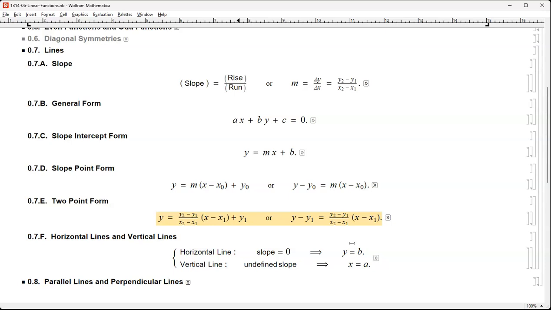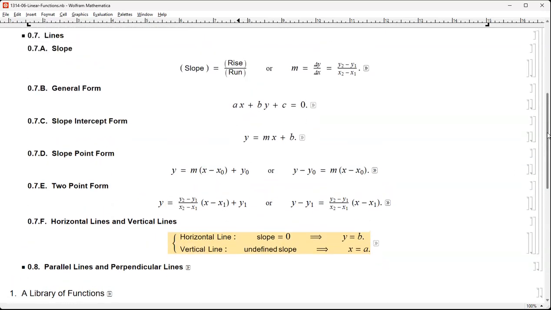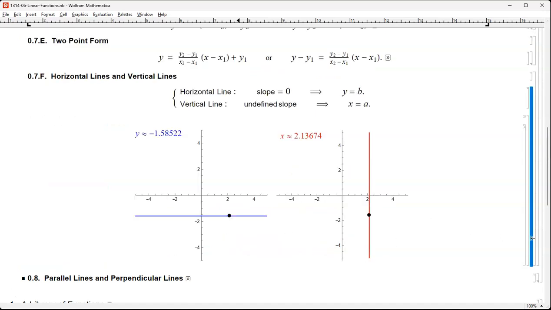And horizontal and vertical lines. Horizontal lines, y equals b, that's a graph of a function. Vertical line x equals a, that is not a graph of a function. Here, this graph passes the vertical line test. Draw a bunch of vertical lines, then this graph passes each vertical line only once.